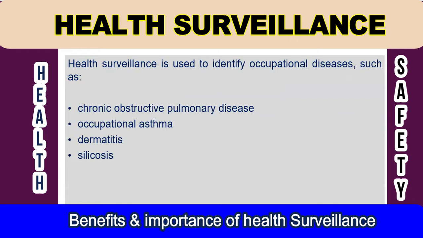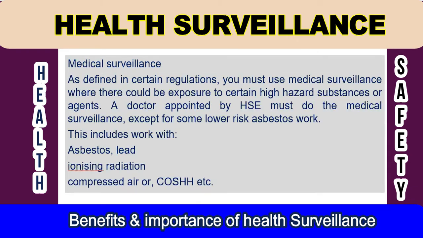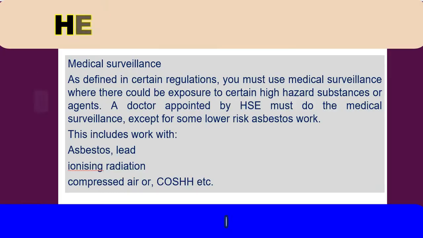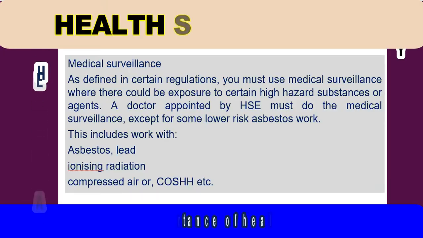These are the different occupational diseases, and you are conducting health surveillance to identify these occupational diseases. There are two terms, health surveillance and medical surveillance, and there is a big difference. After understanding the health surveillance, let us understand now what do you understand by medical surveillance?